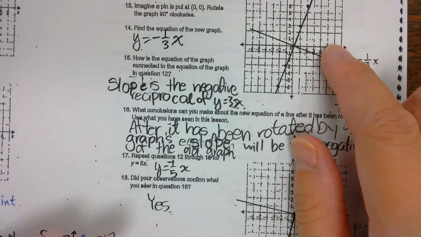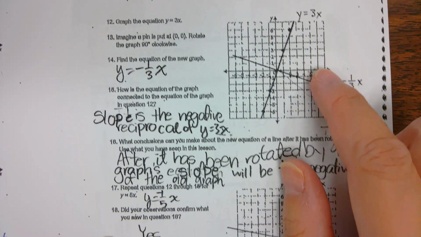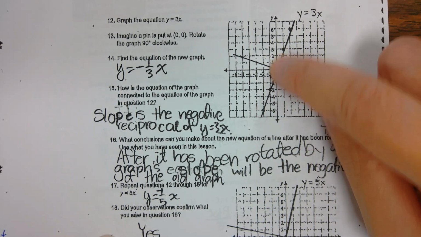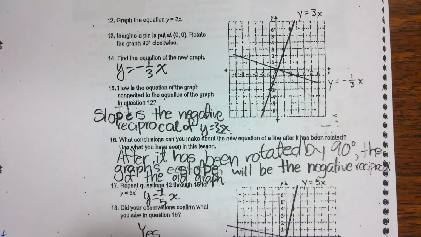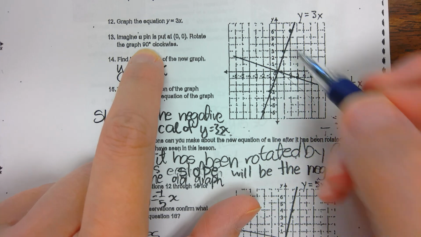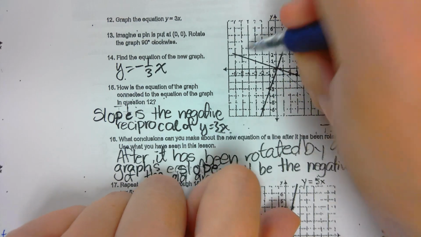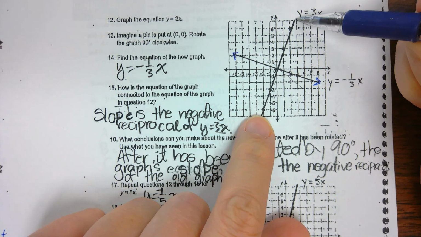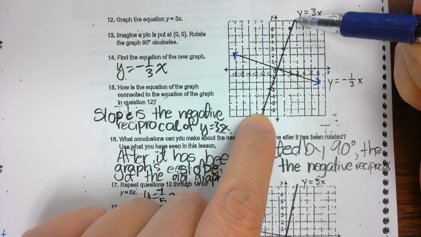For this one right here, number 12, I have the original line, y equals 3x. My slope is 3. And if I rotate it 90 degrees, now my line goes this way. What's the sign of my slope here?